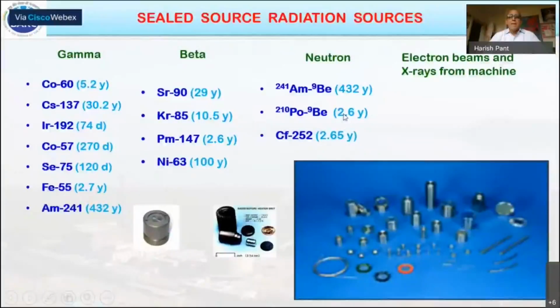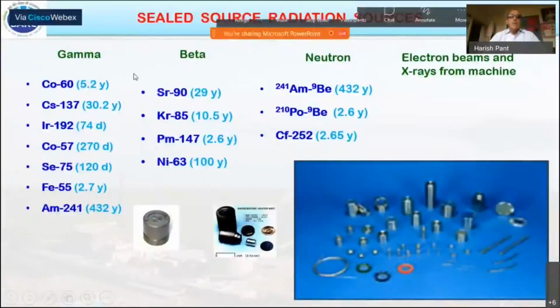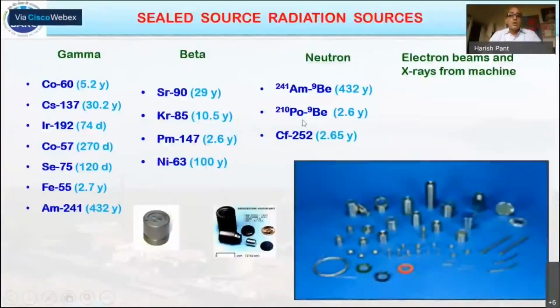Then polonium-beryllium having half-life of 2.6 years. And then there is another neutron source which is called californium-252. So these are the sealed radioisotope sources which are used in industry.